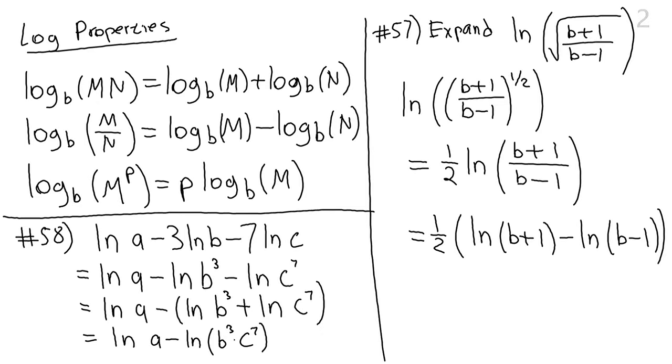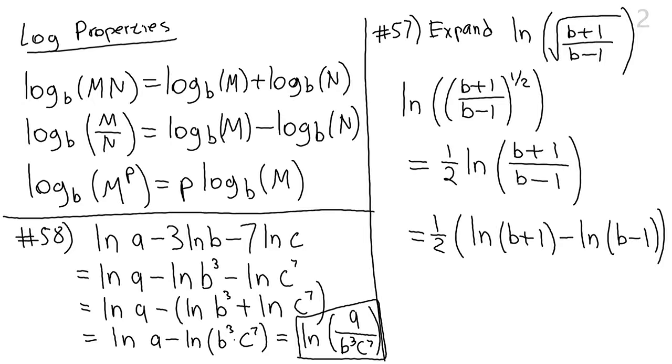I just used the product rule, and now I can use the quotient rule, and my final answer is natural log of a divided by b cubed c to the 7. So if I want to write this expression as one logarithm, the answer is natural log of a divided by b cubed times c to the 7.